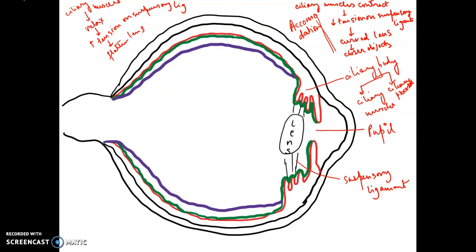What else? At the very posterior side, right here where we have the optic nerve, this spot is called the blind spot. This is called the blind spot because there is no photoreceptor here.